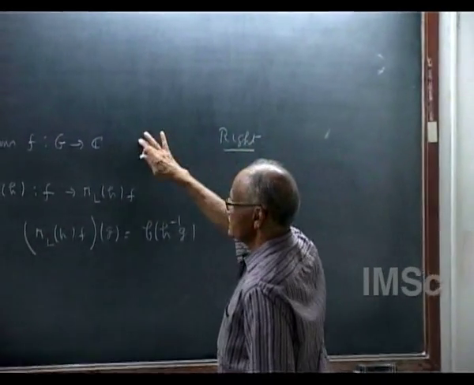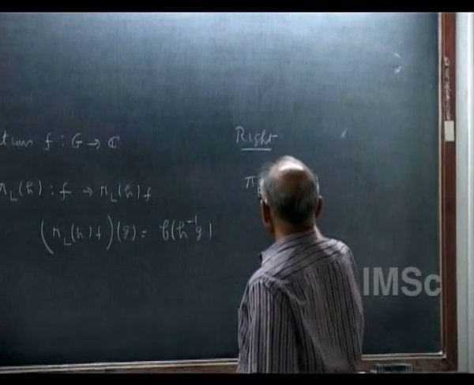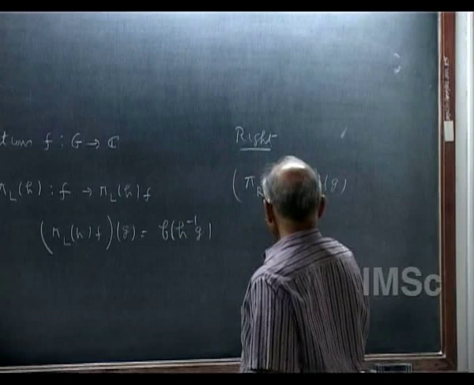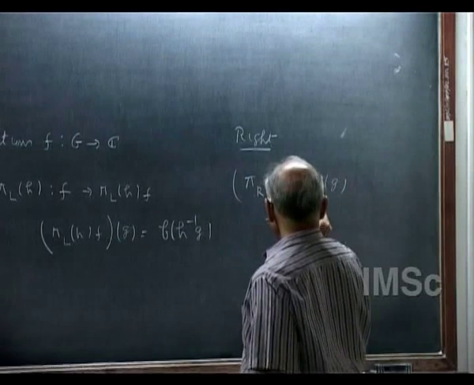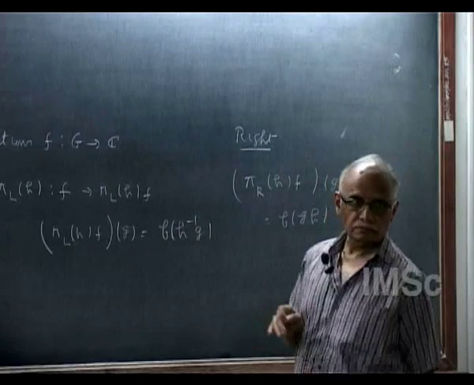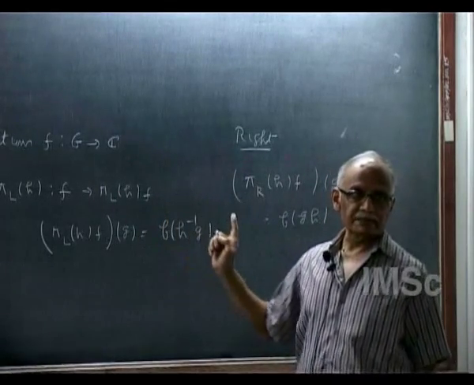It also acts in the same space. Pi r of h f at g is f of gh. It acts on the other side. And they commute. These two representations commute.